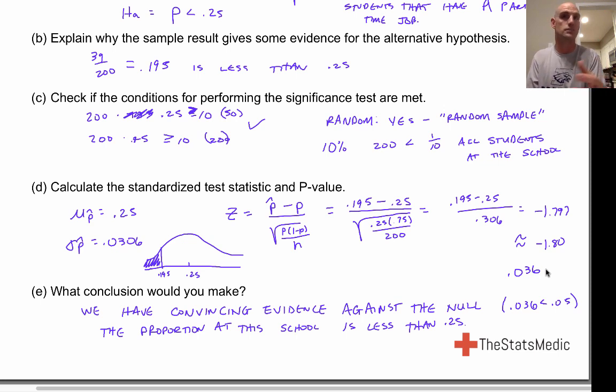It's probably less, because most samples were probably like this, right? So that would mean we have convincing evidence against the null hypothesis, which was 0.25 probability of someone having a job after school. So that's how that works, guys. That's how finding a standardized test statistic and the p-value, and evaluating it against the null to make a claim, works.